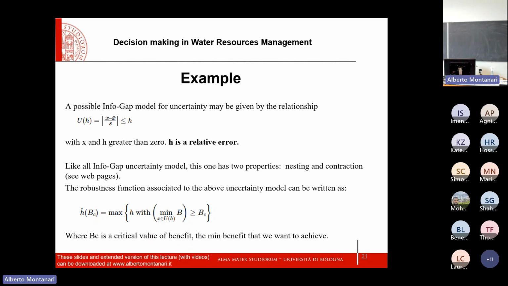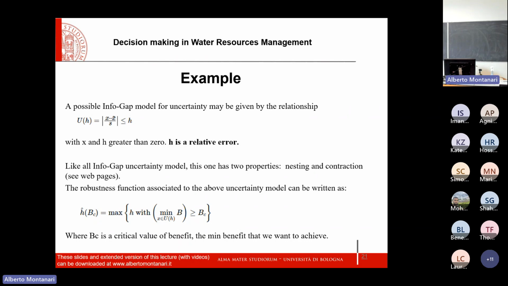And if this max H is large, it means that I have robustness. So you can understand that if BC goes down, if BC decreases, which means that my critical requirement lowers down, I am expecting a larger uncertainty.